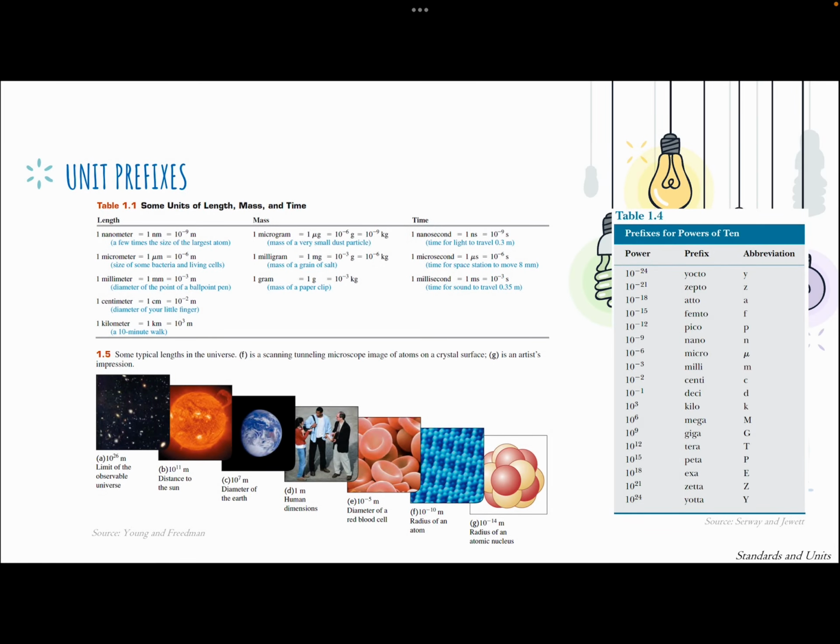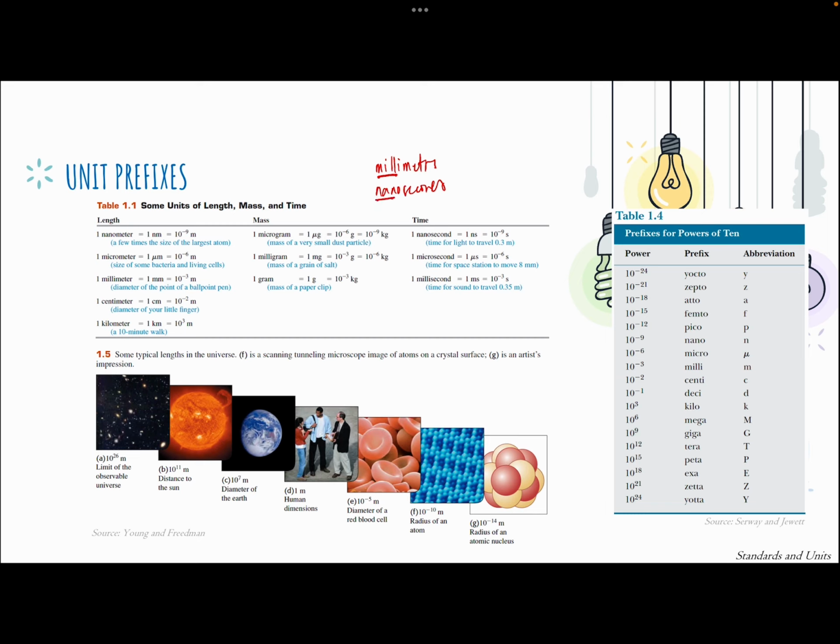Okay. So, next subtopic is unit prefixes. In addition to the basic SI units of meter, kilogram, and second, we also use other units such as millimeters and nanoseconds, for example, wherein the prefixes are milli and nano.